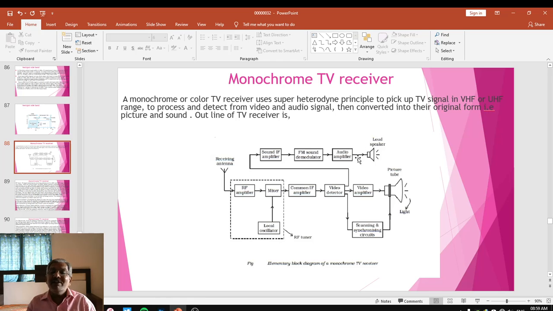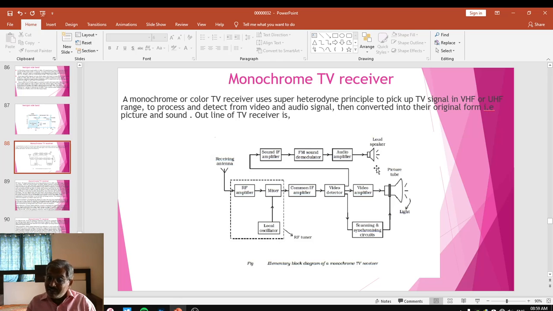The audio power amplifier may be a push-pull power amplifier or a complementary symmetry power amplifier that amplifies the power level of the audio signal, and the amplified audio signal is given to the speaker.